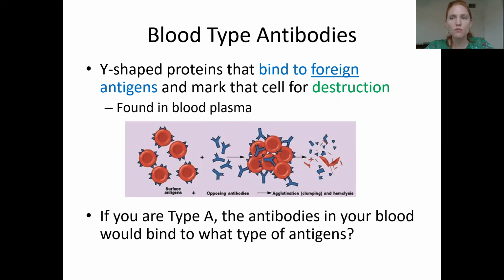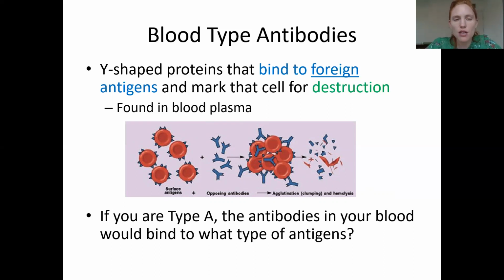So the function of your immune system is to get rid of anything that is not self. And what it does is create antibodies. Those antibodies are proteins, so lock and key model, and they're going to specifically bind to any antigens that are not part of your own body, not self antigens, mark them for destruction, and destroy those cells.